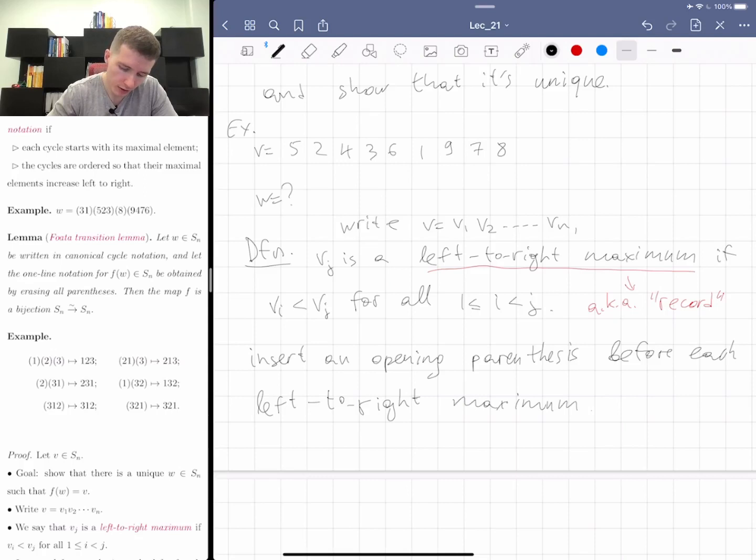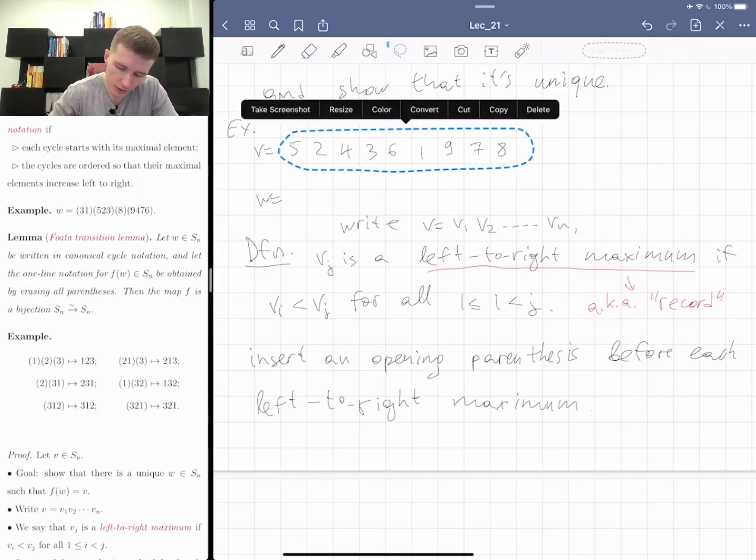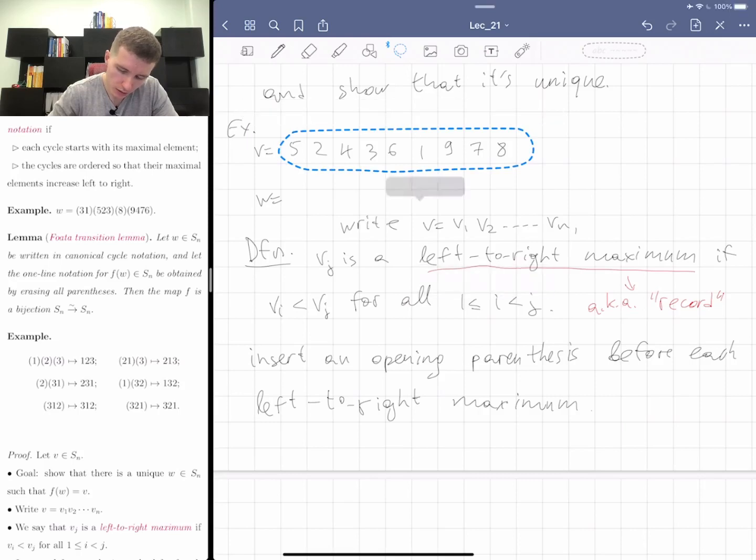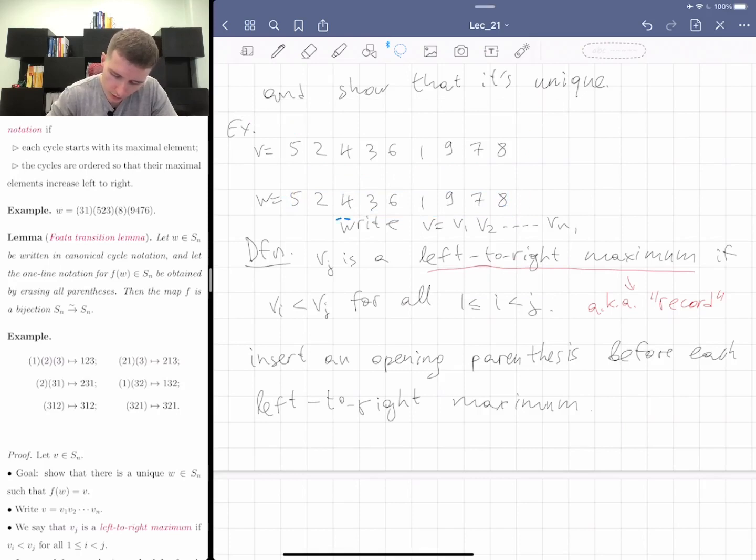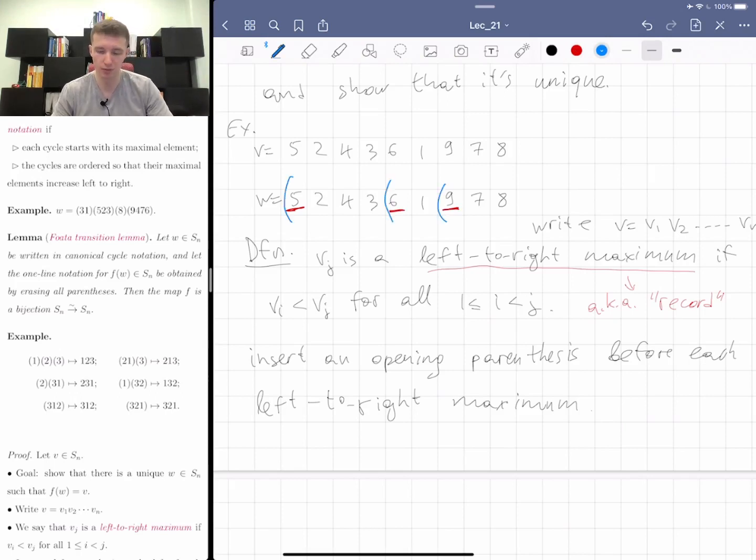For example, here I just take the same permutation and let's see what the left to right maxima are. 5 is a left to right maximum, then the next one is 6, and the next one is 9. So you insert an opening parenthesis before each left to right maximum.